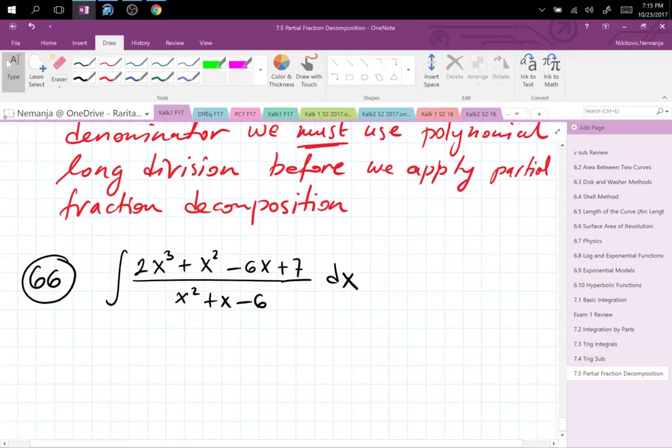What do we have to do first? Long division. The degree in the numerator is 3. The degree in the denominator is 2. Therefore, we have to use long division. And partial fraction decomposition will only be applied to the remainder of that long division.